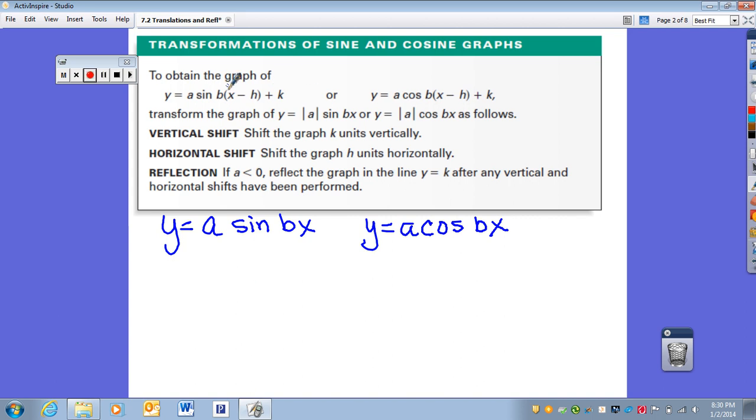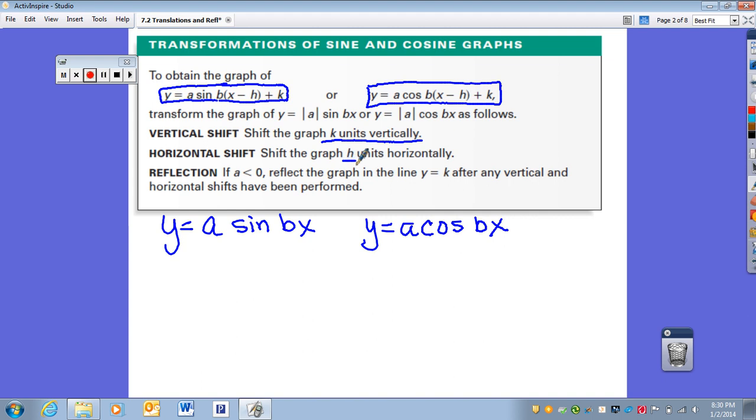When we come into this format, what happens is when we have something added on to our function, the k, or the part that's added on, will shift those units vertically. So if this says plus 2, we would shift it up 2, and if it said minus 2, we would shift down 2.